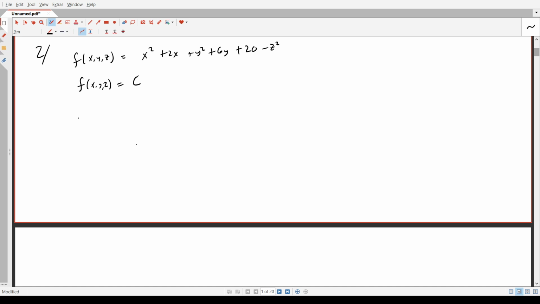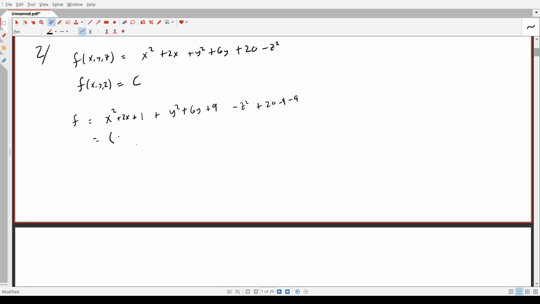So f is x squared plus 2x plus 1, half of that squared is 1, plus y squared plus 6y plus 9, minus z squared plus 20 minus 1 minus 9.